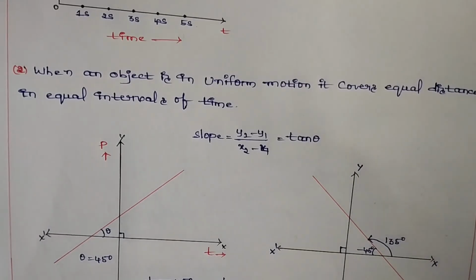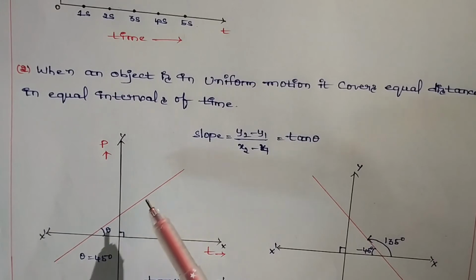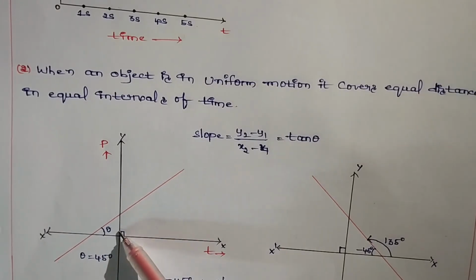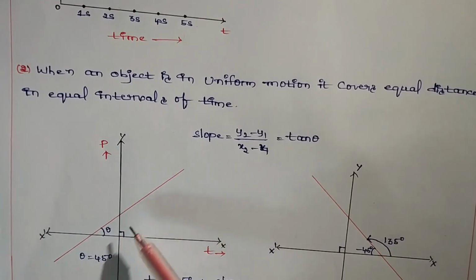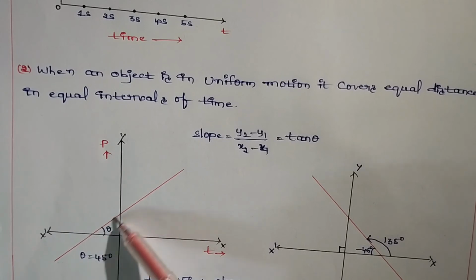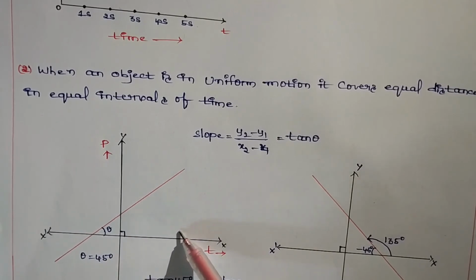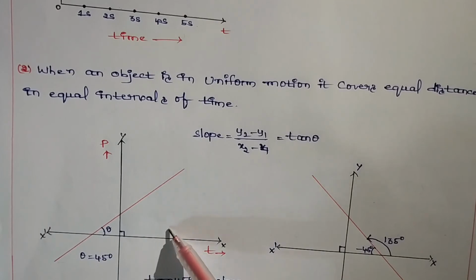The angle of inclination of a line is the angle which a straight line makes with the positive direction of the x-axis, measured in the anti-clockwise direction.